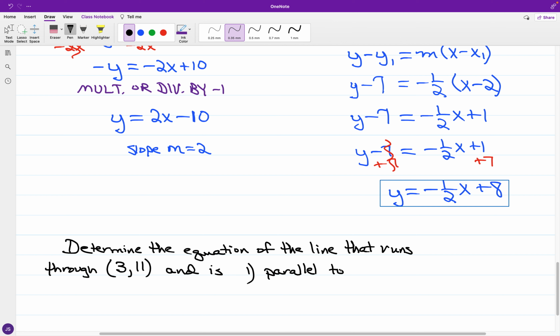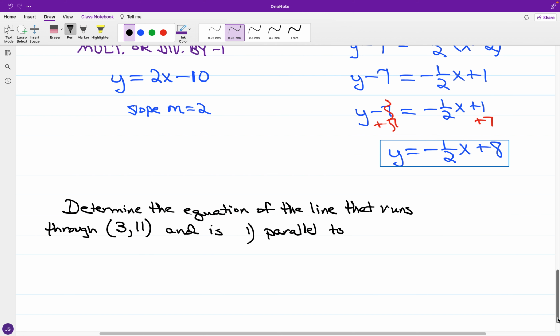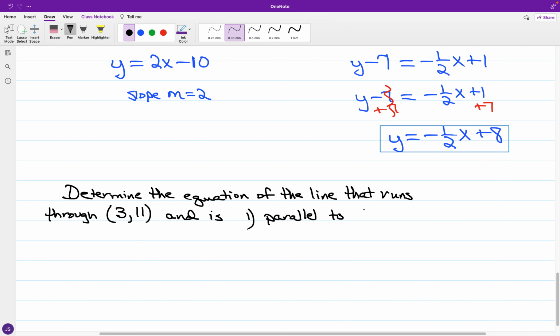We'll say we have to be parallel to 3x plus y is equal to 2.